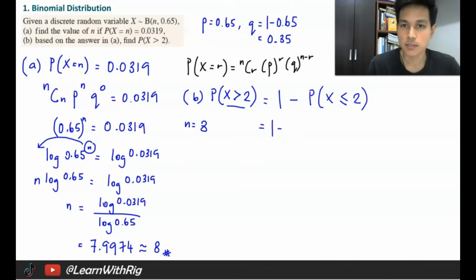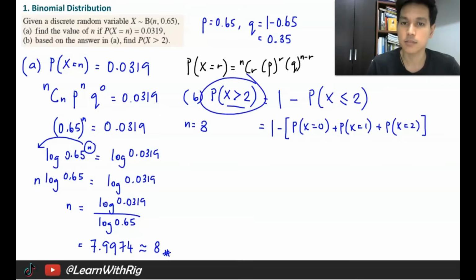P(x less than or equal to 2) is P(x = 0), P(x = 1), and P(x = 2). You take 1 minus all of this, and immediately you will get this.